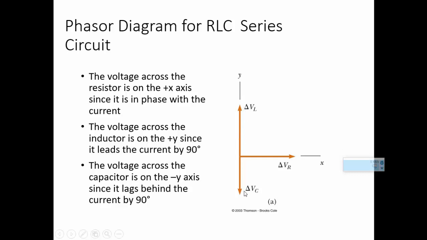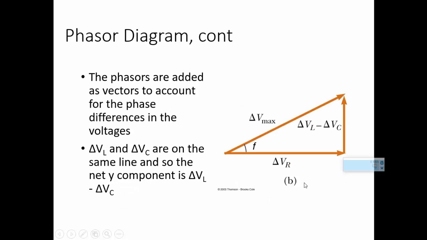So we may find the resultant vector between these two, and we come up with a vector that is a bit shorter. That is the vector for the inductor minus the capacitor. We can now draw where the resultant vector is going to appear. This and that are on the same line, so the net y component is just a subtraction of the two, and we can close the path to find the resultant vector.